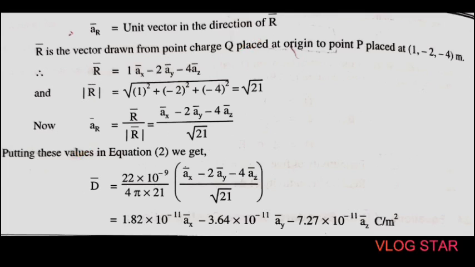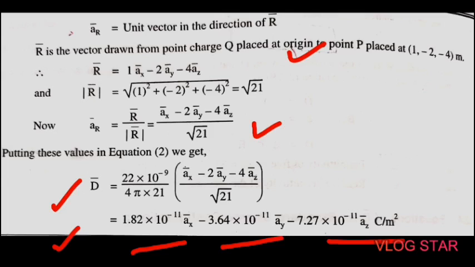After putting the values of AR bar and R bar in equation number 2, we get D bar is equal to 1.82 into 10 raised to minus 11 AX bar minus 3.64 into 10 raised to minus 11 AY bar minus 7.27 into 10 raised to minus 11 AZ bar Coulomb per meter square.